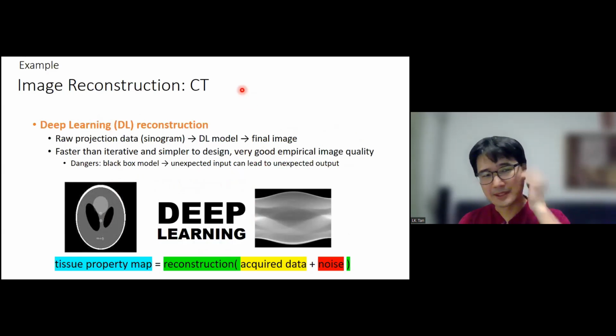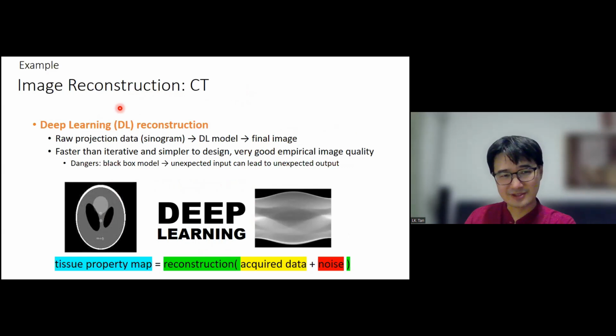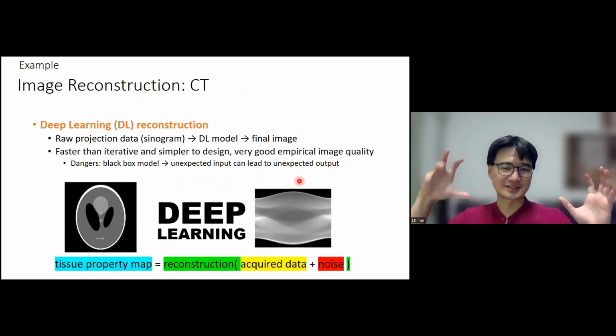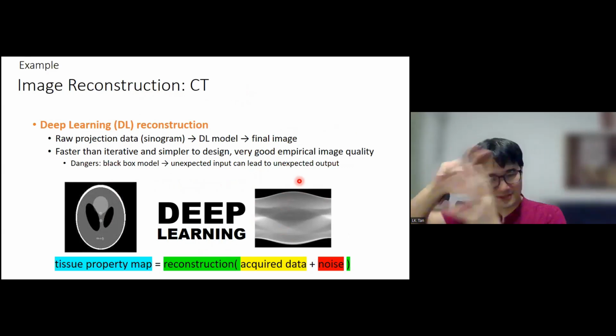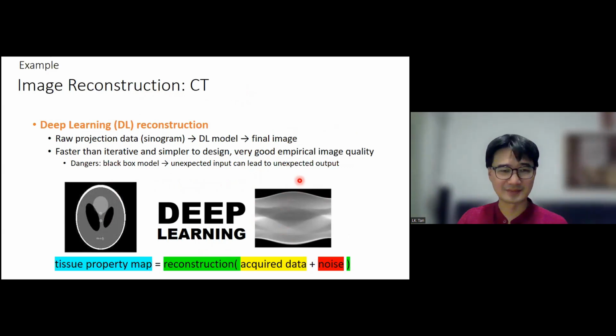Now we come to the AI part. Deep learning reconstruction also takes the raw data, and similarly to iterative reconstruction, transforms it into the final image. But it doesn't transform it based on a physics model, or on geometry or any particular physical math.